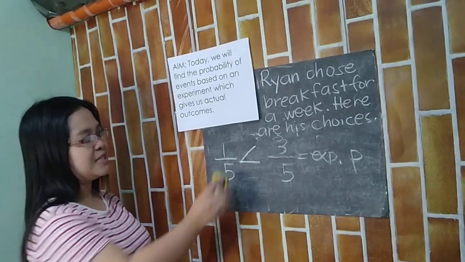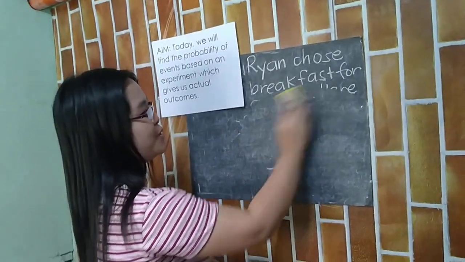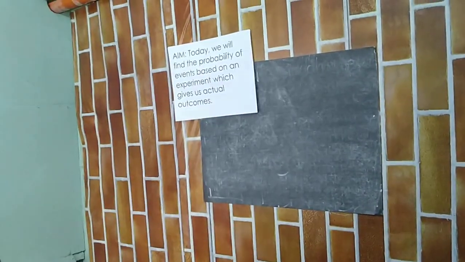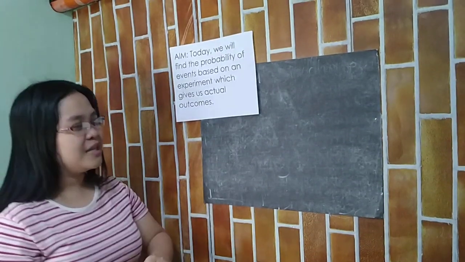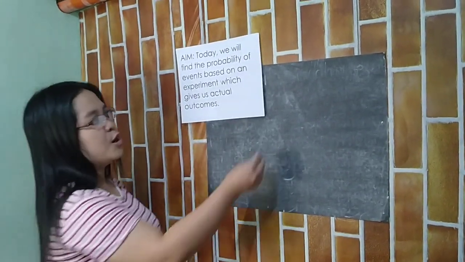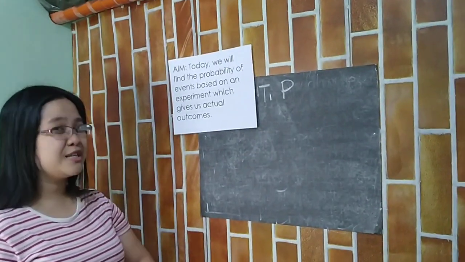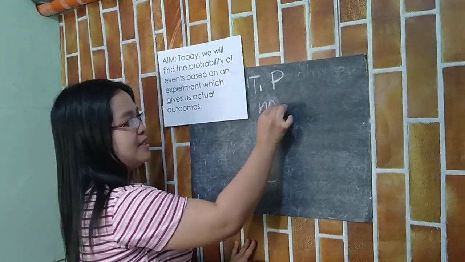Can you see the difference now between the experimental probability and theoretical probability? Let me recap that for one last time. When you say theoretical probability, what's the formula behind that?